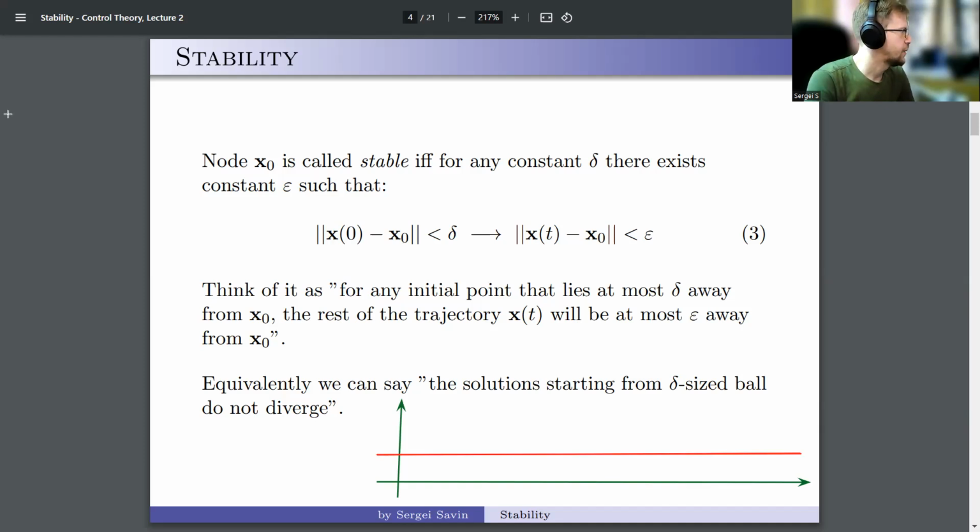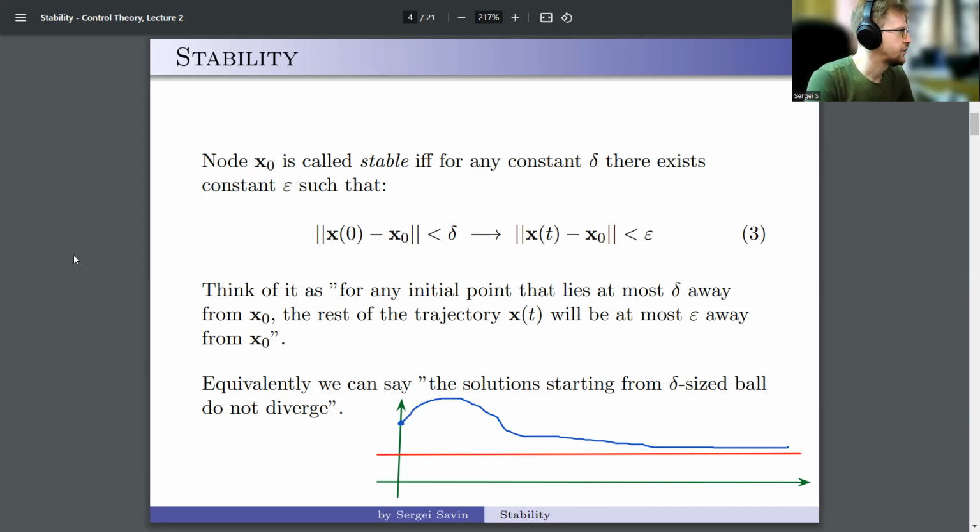Now, let's say you have a solution which starts, I'll draw it in a different color, say blue, somewhere here. Your solution goes something like this, then maybe like this. Then what is the delta and what is epsilon?